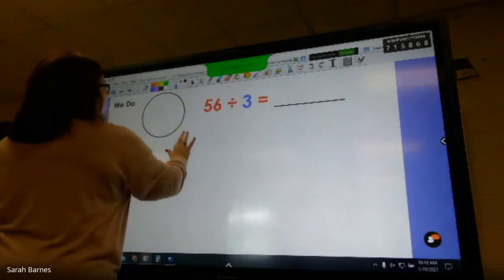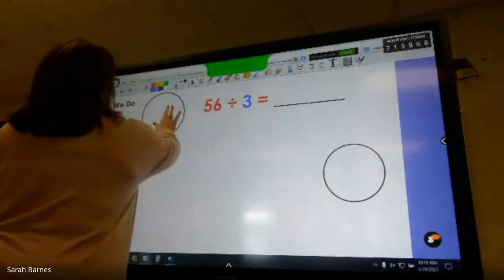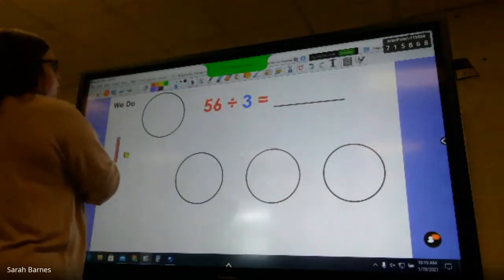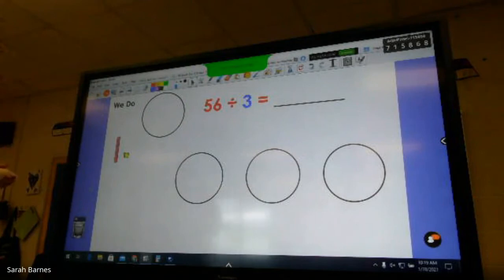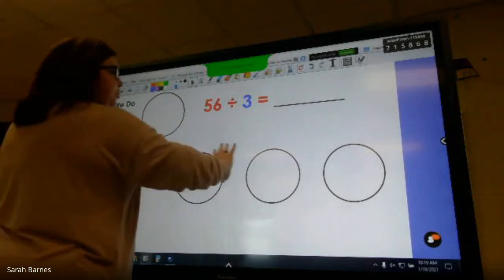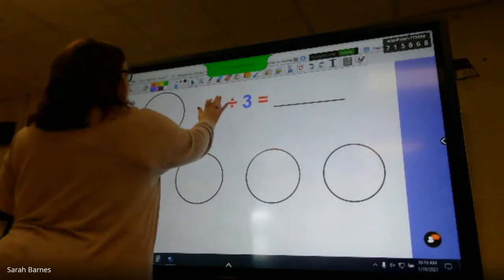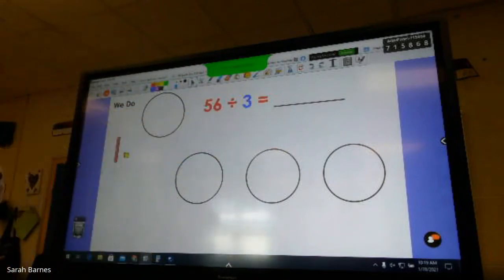Okay, here we go. 1, 2, 3. All right, so what's the first thing I need to do? Now that I've got my 3 groups, I need to do something with this number right here. What do I need to do?